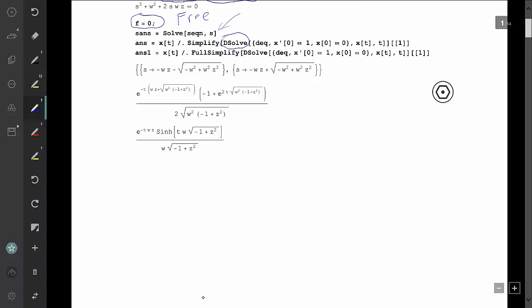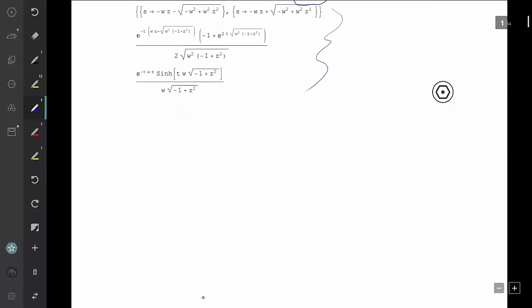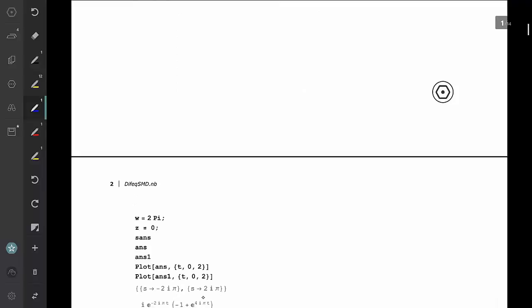I'm simplifying it and then doing full simplify. I'm going to demonstrate that those 2 are the same, even though one looks perhaps more understandable than the other. In this particular case, I'm starting off with initial condition, initial velocity. So these are the solutions.